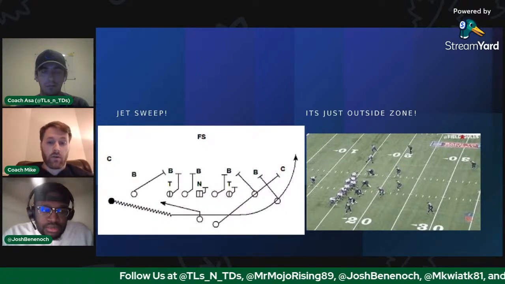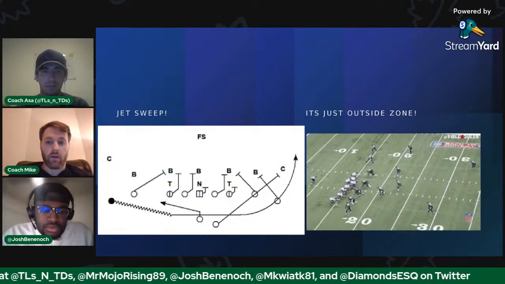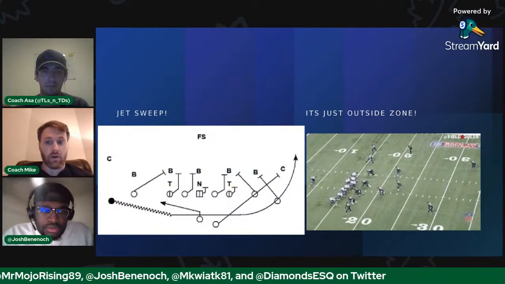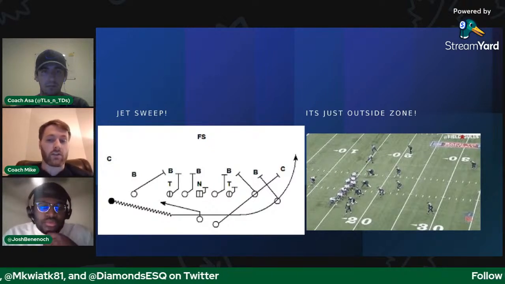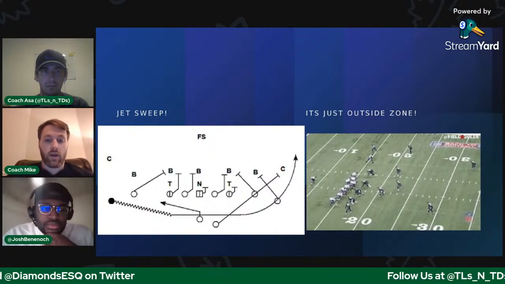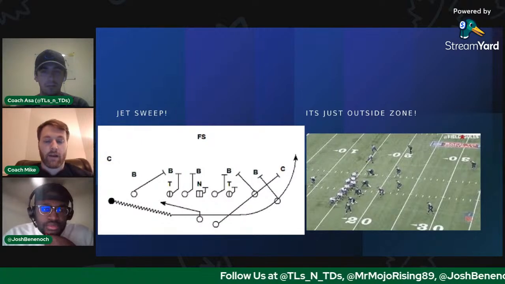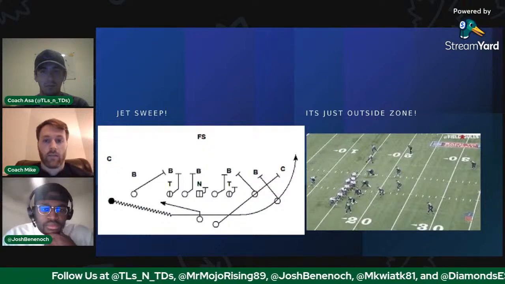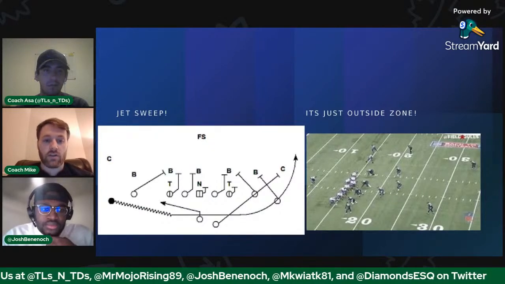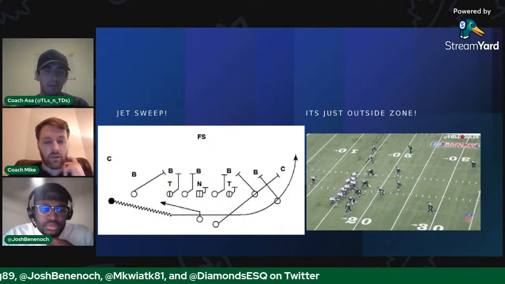So you can pick up an extra blocker if, instead of your running back having the ball, a receiver does. They also get added into the blocking mix. So it's kind of just another way. Again, this is a very outside kind of target, more so than any of the outside zones that we would see from a running back hit. So it's just a different way to get different players involved and keep the defense on their toes.